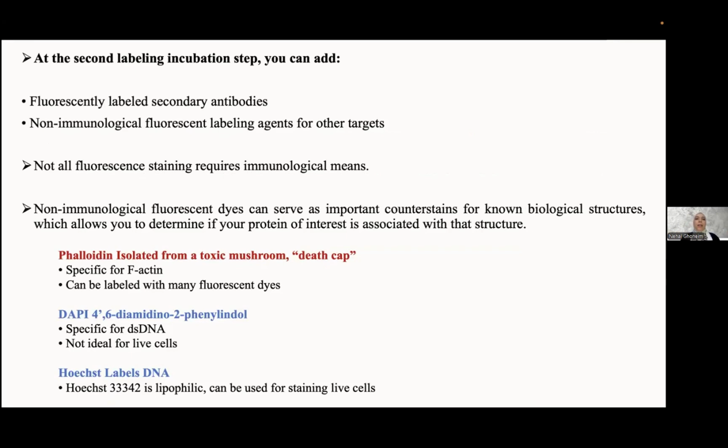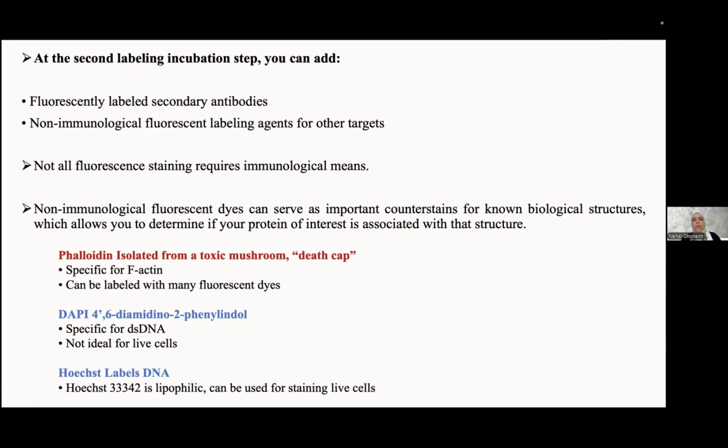At the second labeling incubation step, usually the antibodies are labeled with a fluorescently labeled secondary antibody, but we can also use non-immunological fluorescent labeling agents. What is the meaning of non-immunological fluorescent labeling agents?